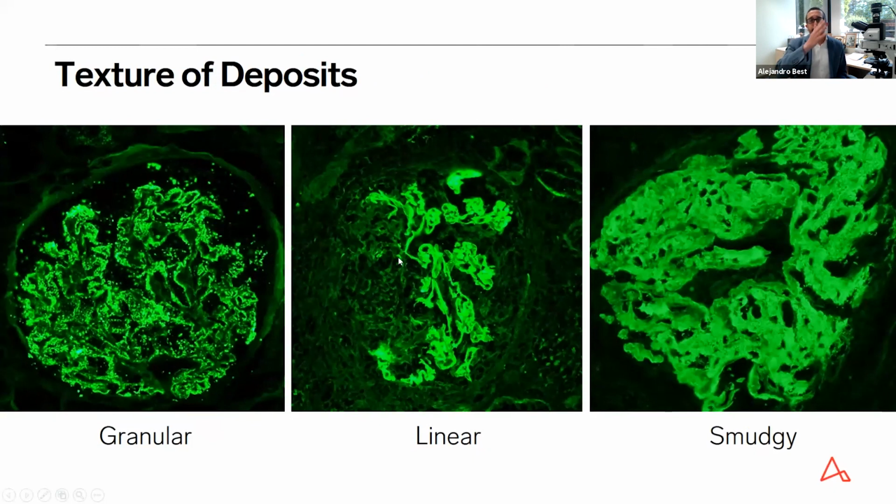There are diseases that have more linear deposits, and we'll talk about those in a second. And I don't like that word, but you can have smudgy deposits where they're not really granular. They're more like if you just smeared the deposits. And each of these has really nice diagnostic correlates, which really help us in the day-to-day practice of renal path.